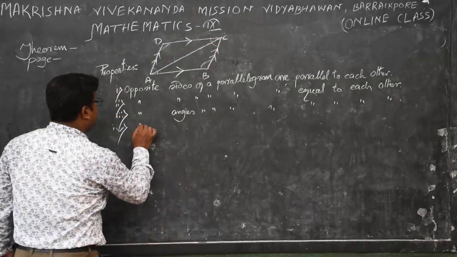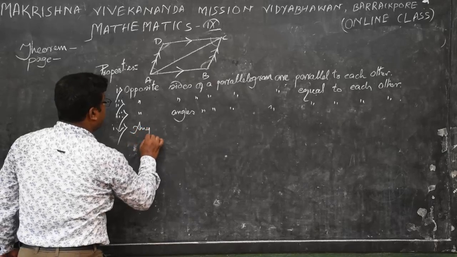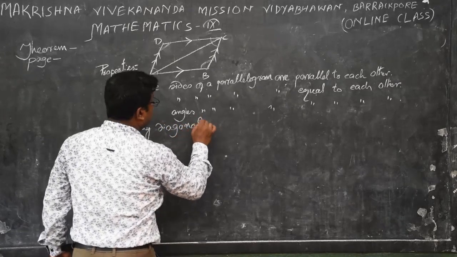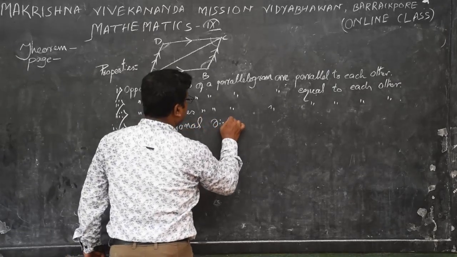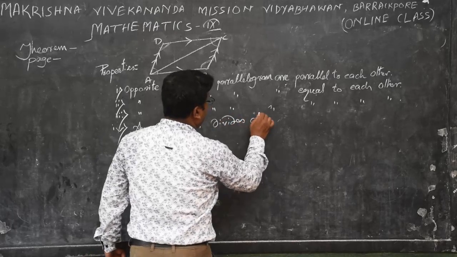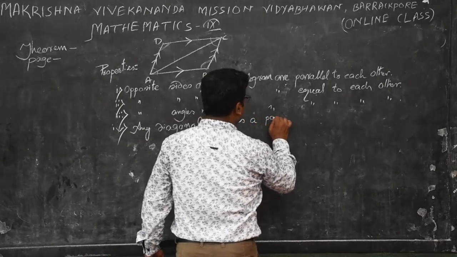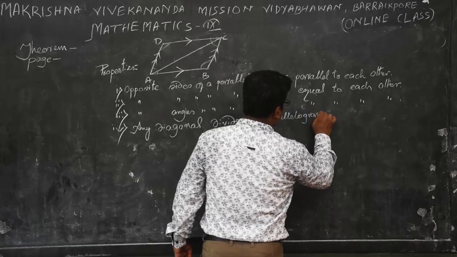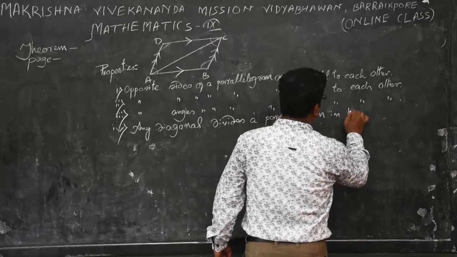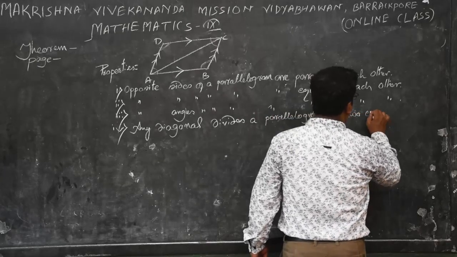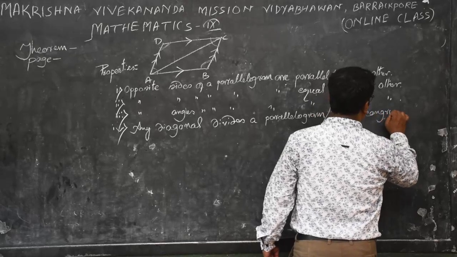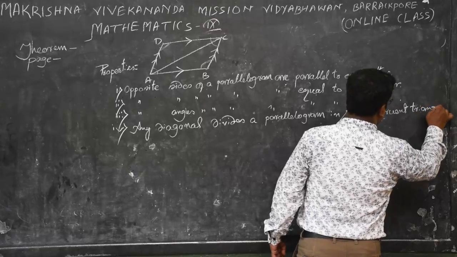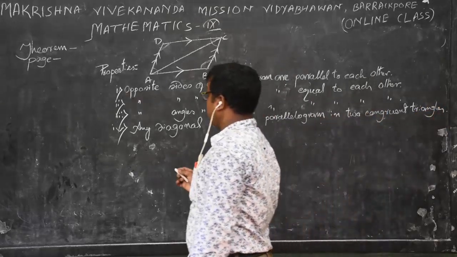That is, any diagonal divides a parallelogram in two congruent triangles.